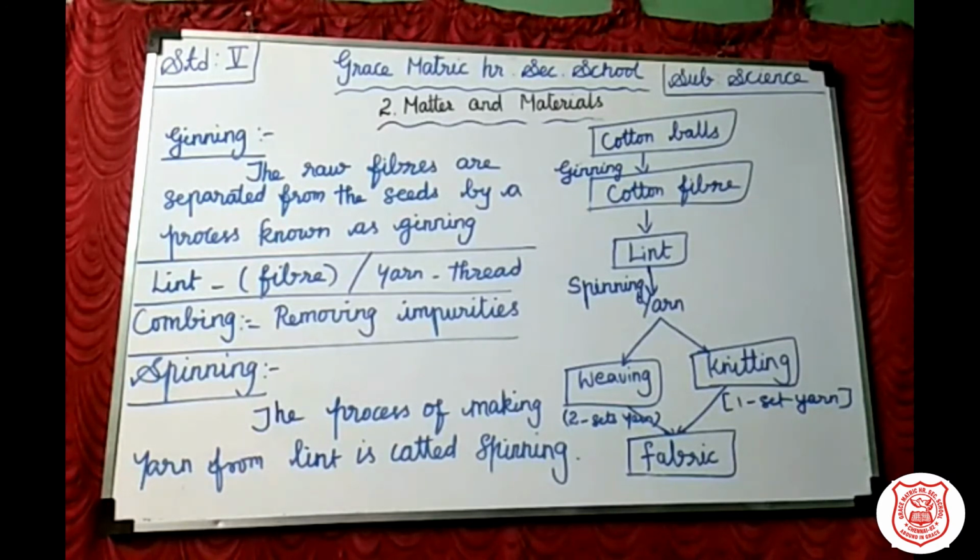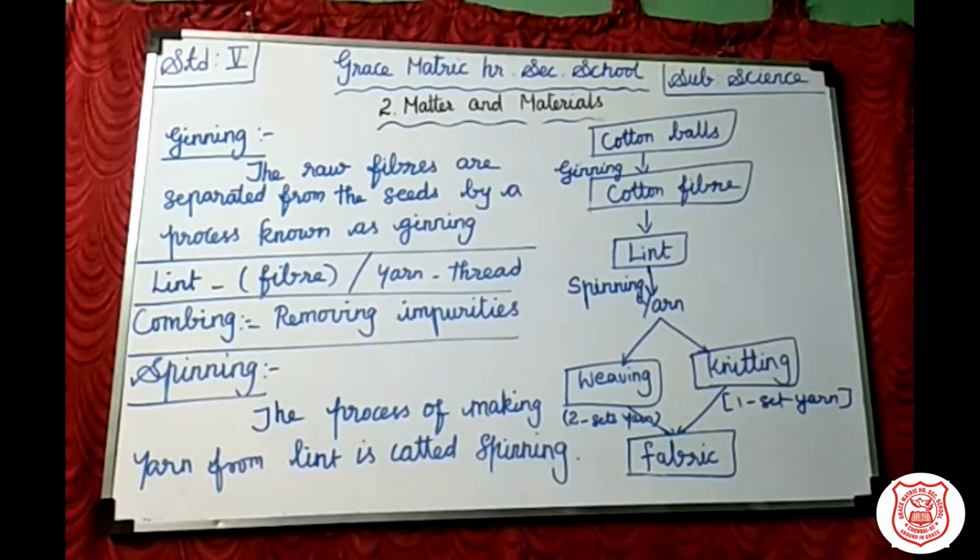From these bales, the impurities are removed by the process of combing. Combing means removing the impurities present in the cotton fibers. Next, once the seeds and impurities are removed, the next process starts. The next process is the spinning process.